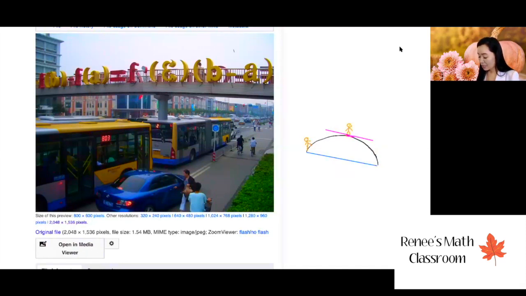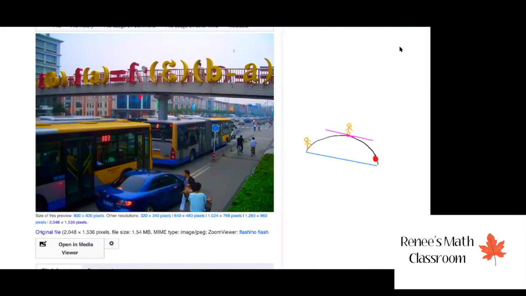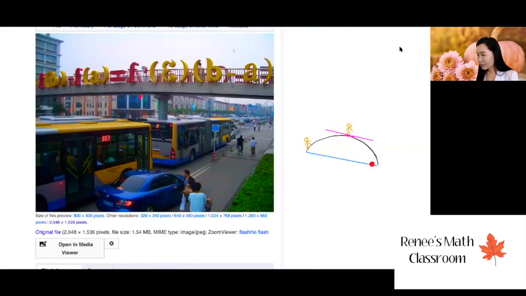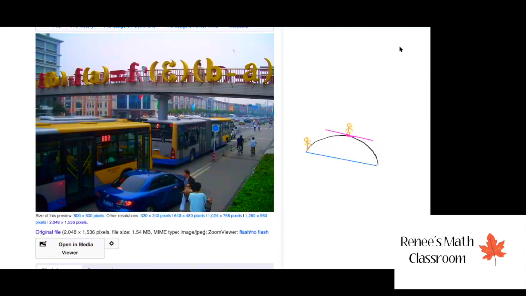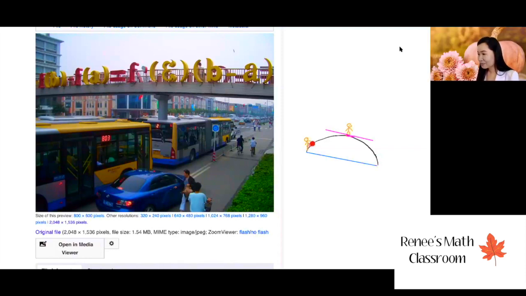When you walk along the bridge, somewhere between these two ends, the tangent line is going to be parallel to this base. So if you ever walk on a bridge, think about that. Maybe there's a moment, at that position, the tangent line is going to be parallel to the base. So maybe that makes sense to put on a bridge.